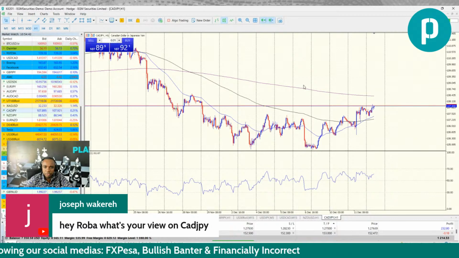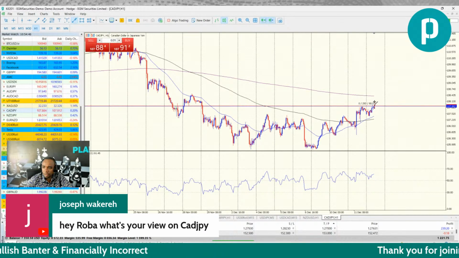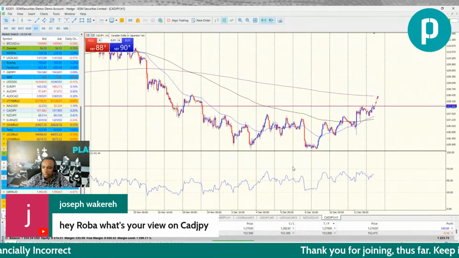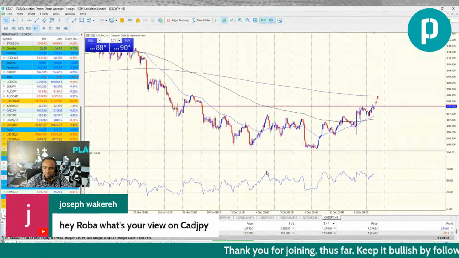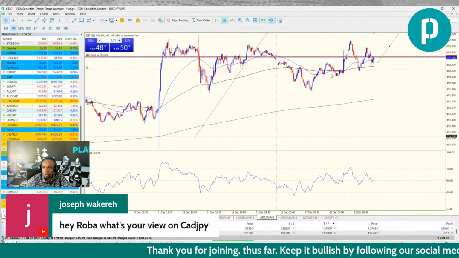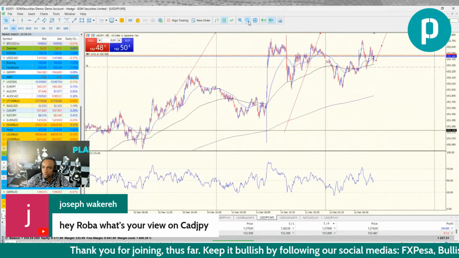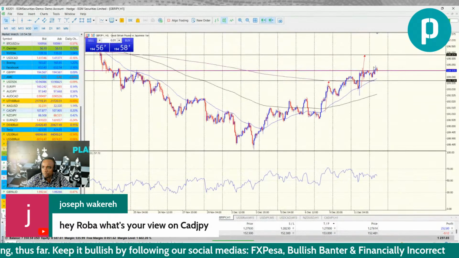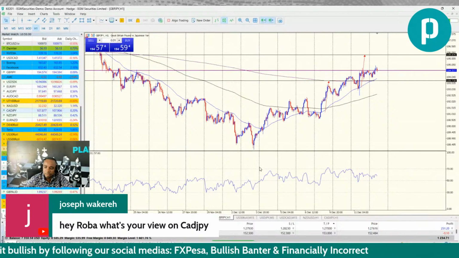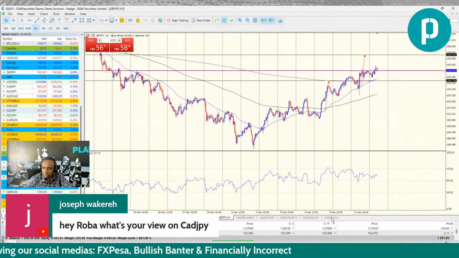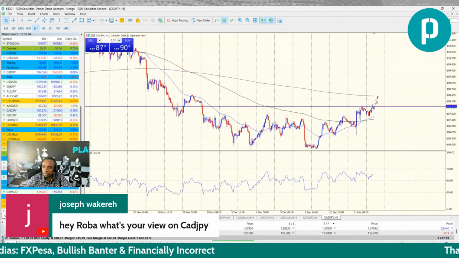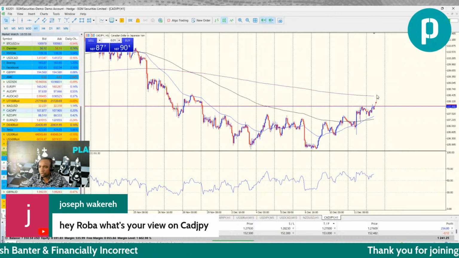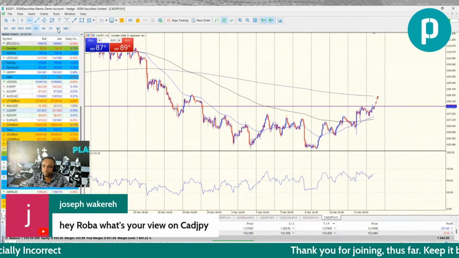It's going to the moving average. It's coming here. CAD JPY is a buy. We are coming here, just like the rest of the USD pairs. We have seen USD JPY is also a buy. We are going here. We've also seen GJ. We are buying. We are coming here. So the same applies to CAD JPY.